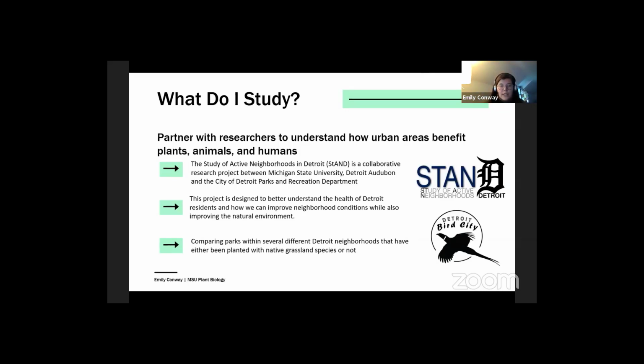And this project is designed to understand how we can improve parks and improve the natural environment in Detroit, and how that improvement can also change the neighborhood and also have an effect on the people, the plants, and the bird species in the area. So this is happening in several different neighborhoods throughout Detroit. And a lot of that grassland planting is actually happening this summer. So it's pretty exciting.